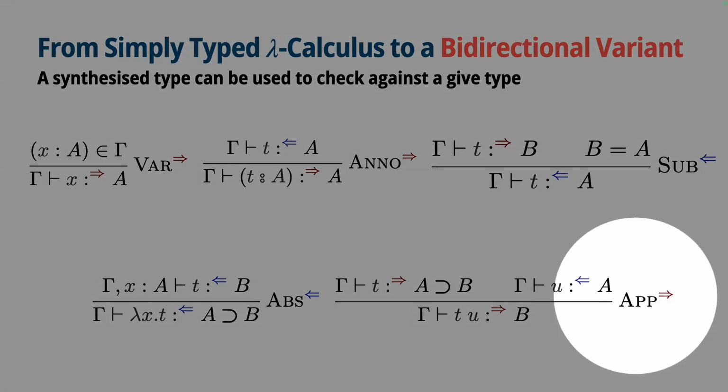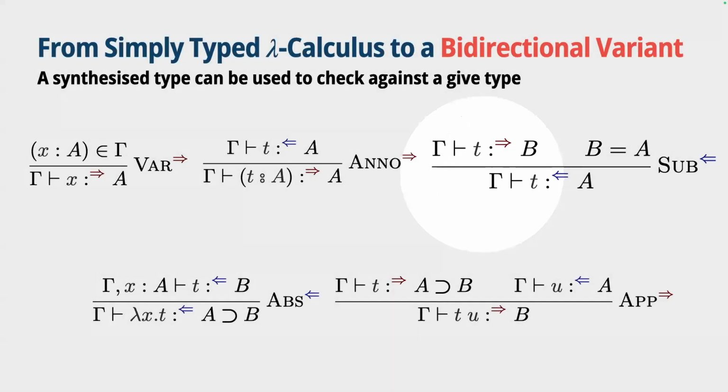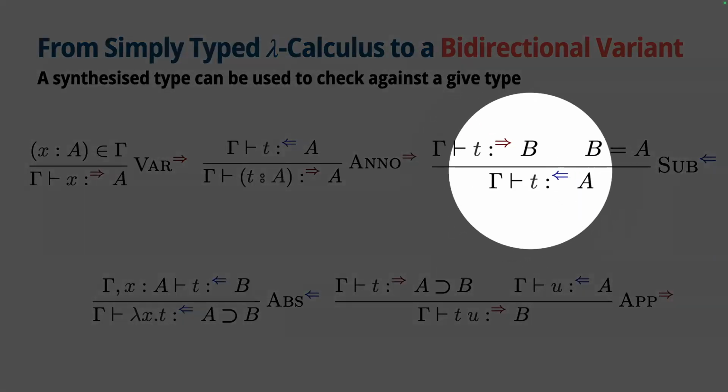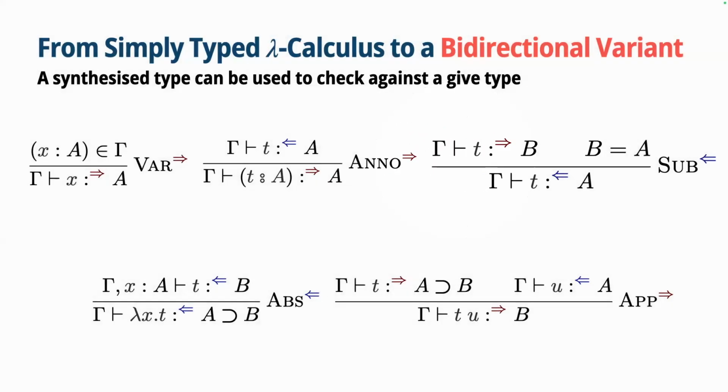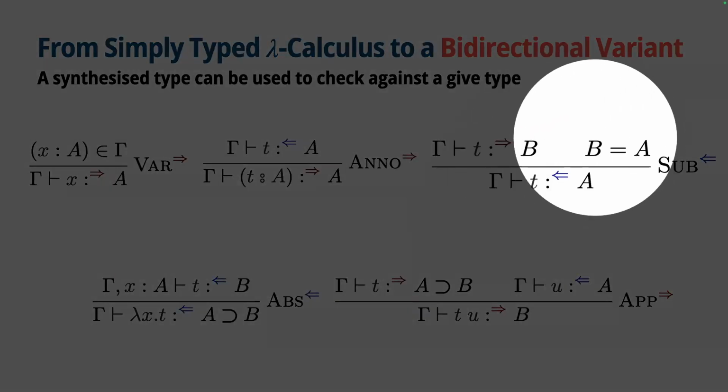And since we have two different judgments, if you can derive this type, and you want to check if this is the right type. So for example, if for T here you want to check if that's type A, but you can actually synthesize the type, you can do that and check if these two types are the same.